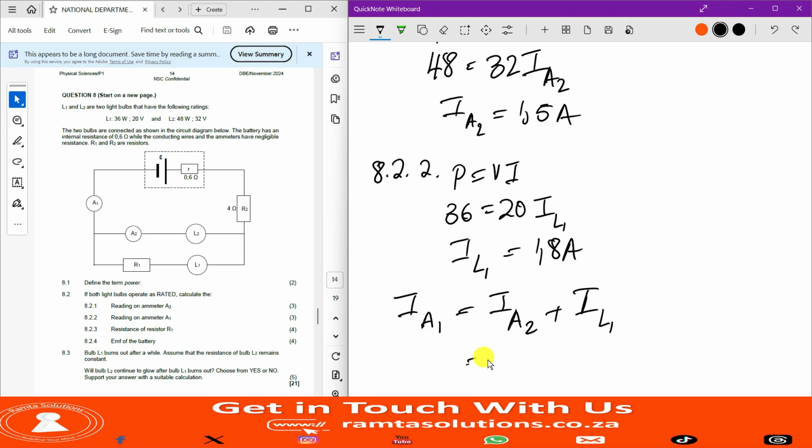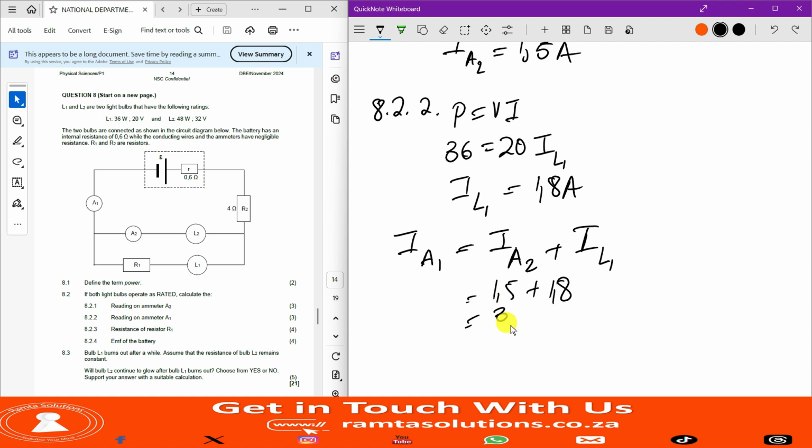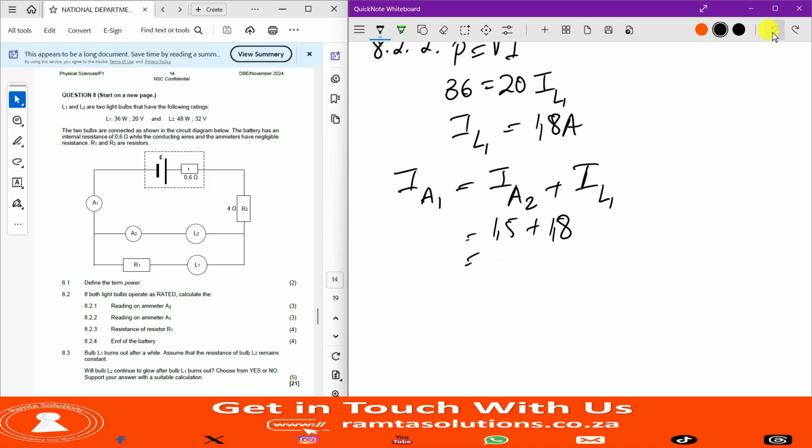This is 1.5 plus 1.8, which is a total of 3.3 amperes. So that is the total current flowing at A1. Happy? Great stuff.